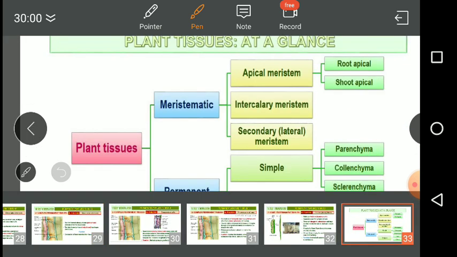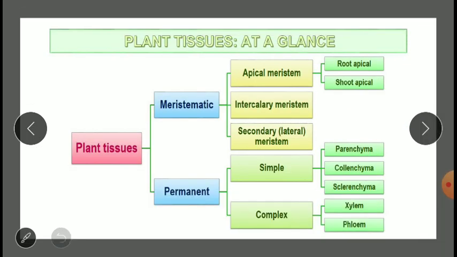So finally, let us summarize whatever we have learned in the last two videos. We have studied the plant tissues. The plant tissues are usually of two types, meristematic tissues and permanent tissues. The meristematic tissues can be of three types: apical meristems, intercalary meristems and secondary or lateral meristems.